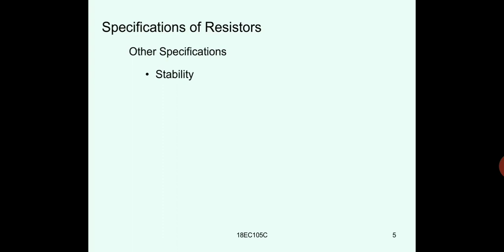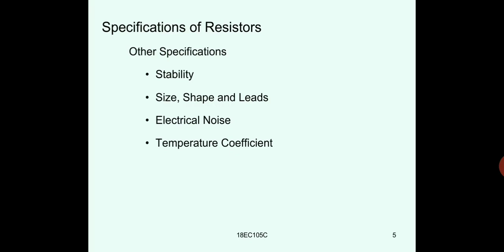And one of that is the stability of the value of resistor, then the size, shape, and also the leads design, how you need to connect onto the PCB, then the electrical noise that it is going to introduce into the circuit, then the temperature coefficient of the resistor, and the voltage coefficient, and also the high frequency performance. That means how it can withstand at high frequencies, whether it is going to act like a resistor or something else like a capacitor also.